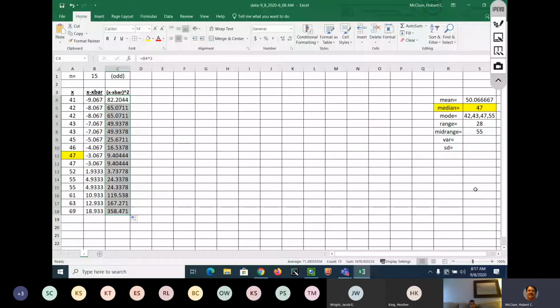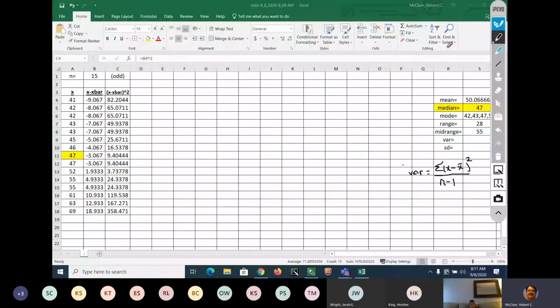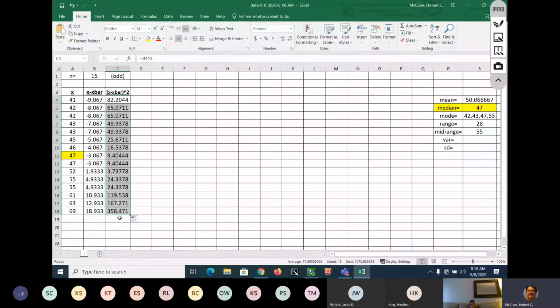And then the formula says, after I square it, what do I do to all those that I squared? I add them up. That's what the funky E looks like, the sigma. So I'm going to add all of these up.